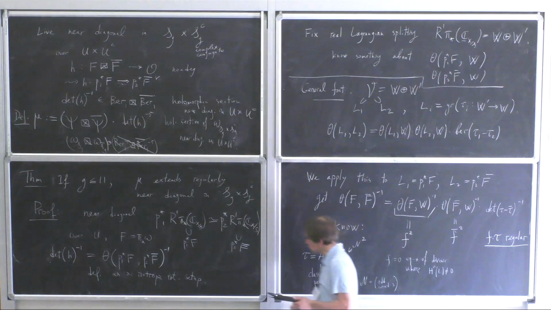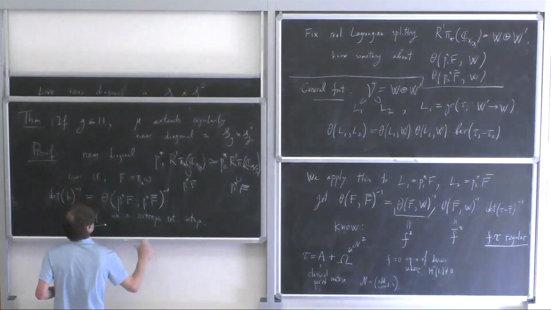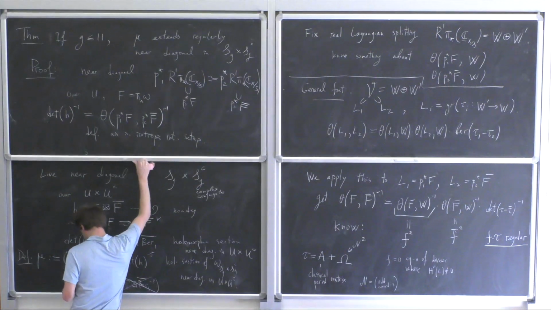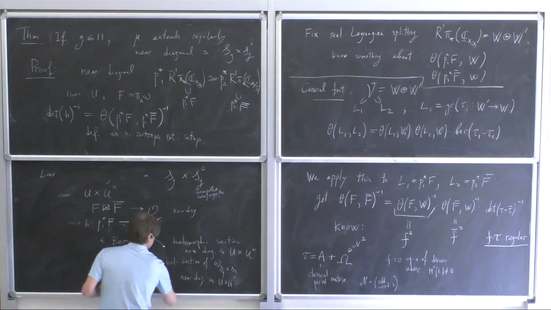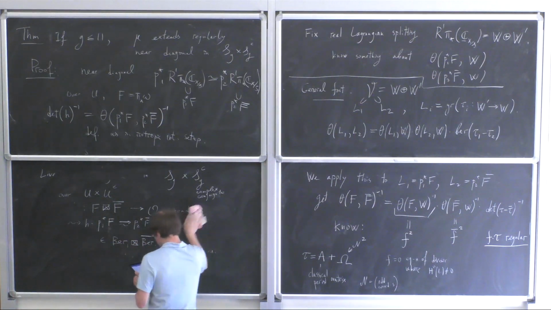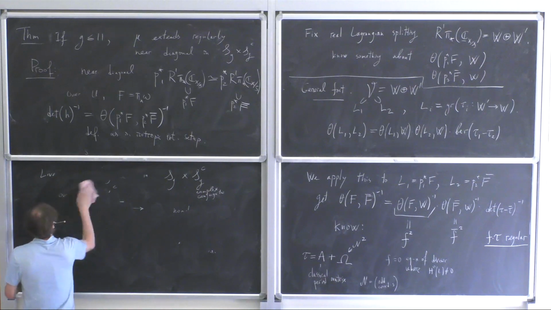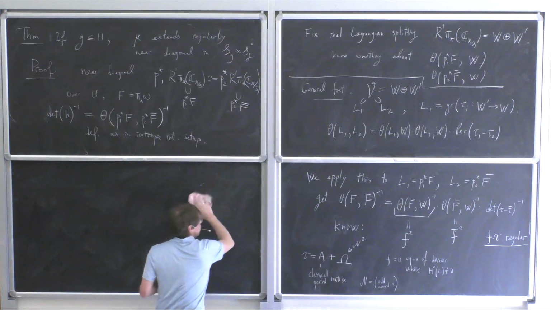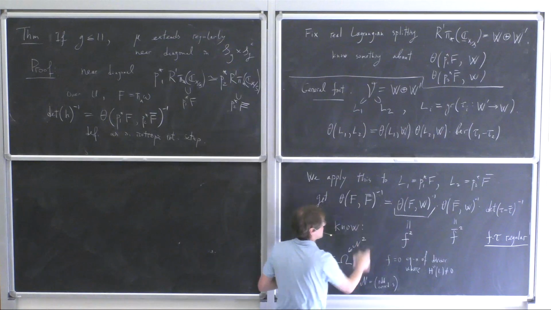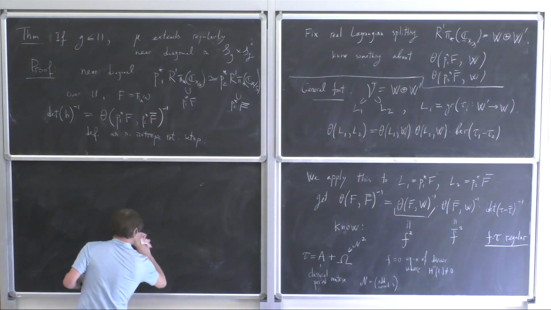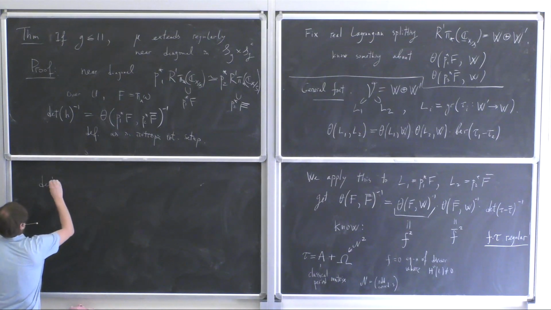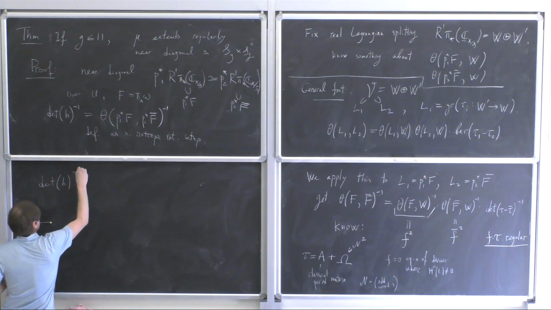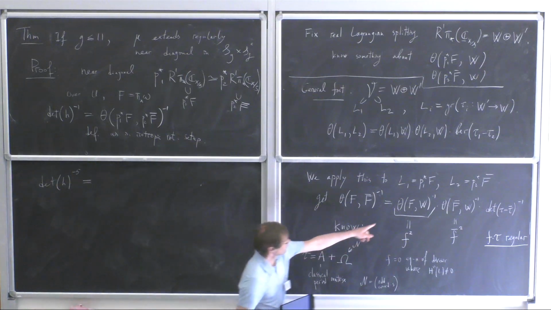And now we can finish the proof. So the function that we want to analyze is actually not this function, but its fifth power. Right? So we need to analyze this determinant of h to the minus fifth. So it's going to be the fifth power of everything I have here.